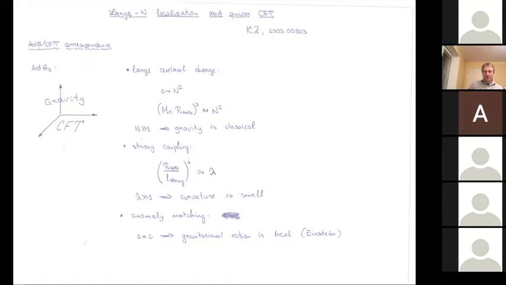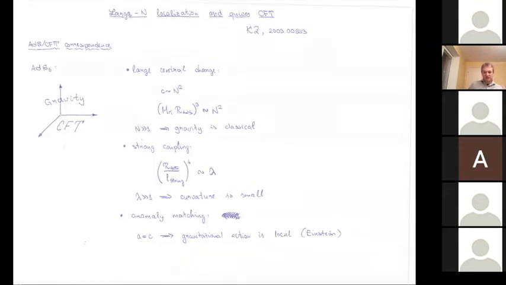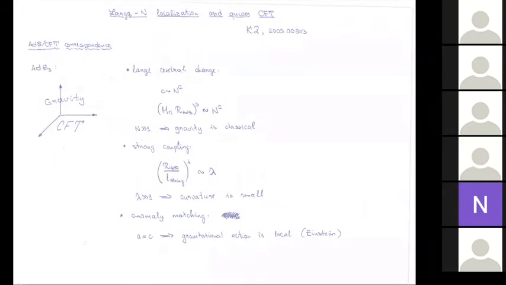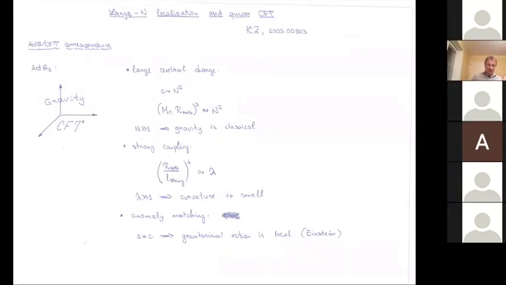Or actually, it's probably better to put it vice versa: if you have an Einstein gravity description in the bulk, then automatically the coefficients will be equal, because they are universal and depend only on the gravitational sector of the theory. So from all these conditions, we need a very special CFT for holography to work in this simple way. It has to have at least two adjustable parameters, the central charge and the coupling.